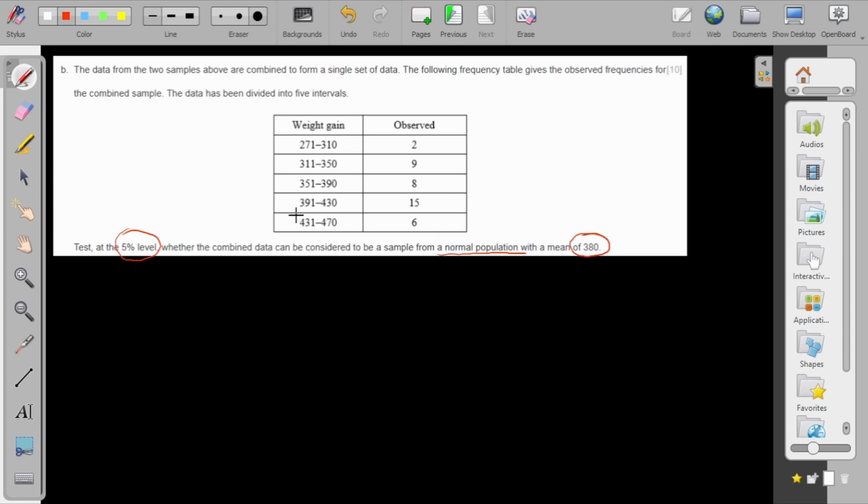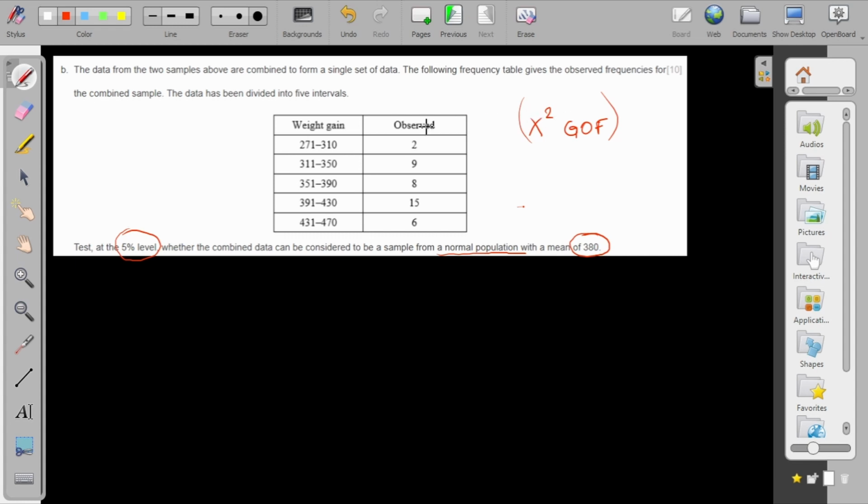Now here, if I want to check if my sample comes from a specific distribution or a normal population, I must understand that I must use the chi-square goodness of fit test.